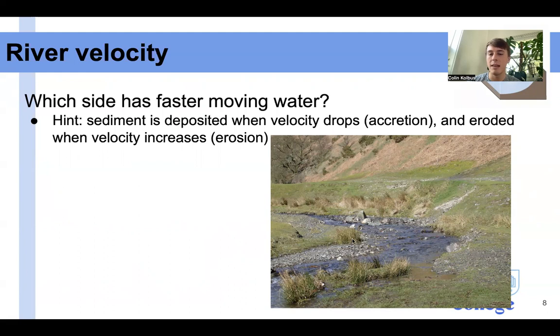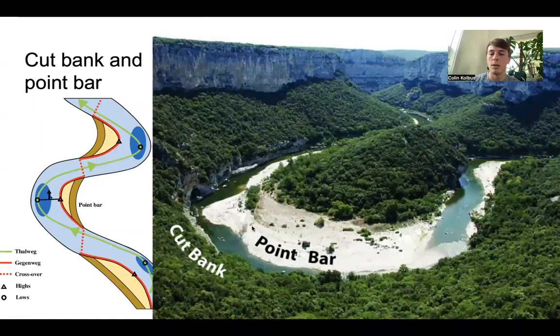And then on the inside bank, we have sediment depositing, accreting, because the river is flowing slower. So that's our point bar, and then our cut bank.